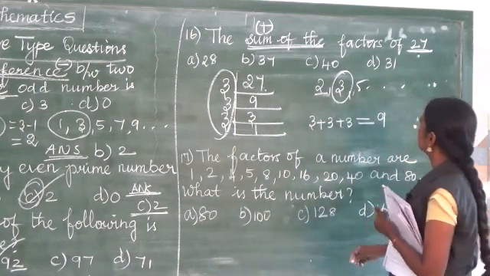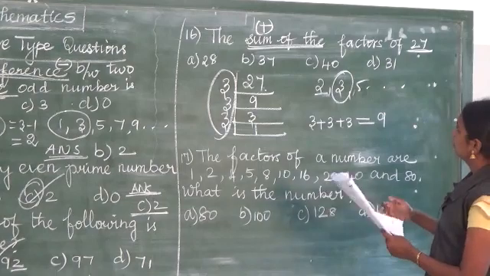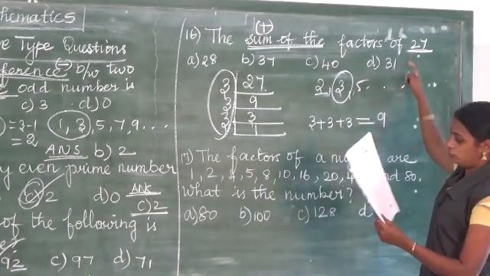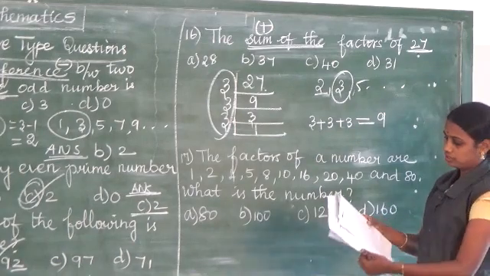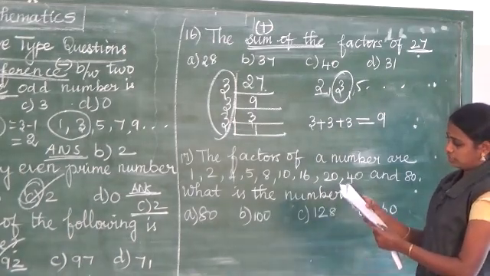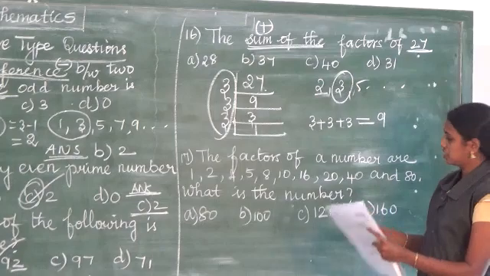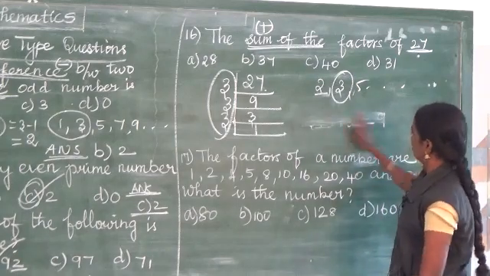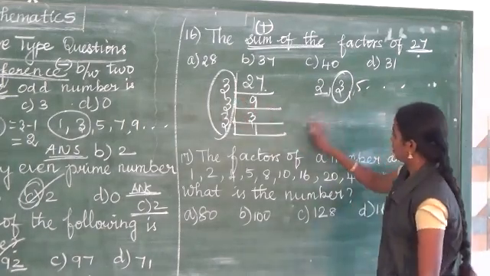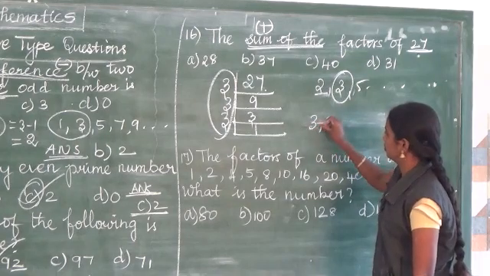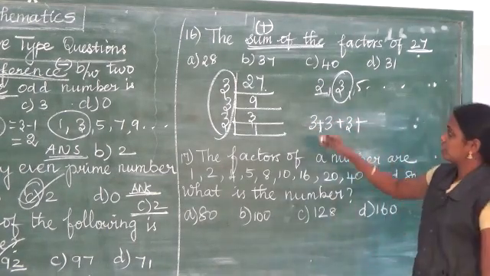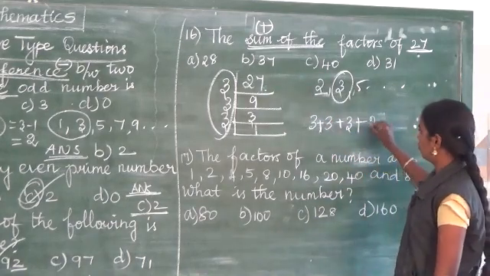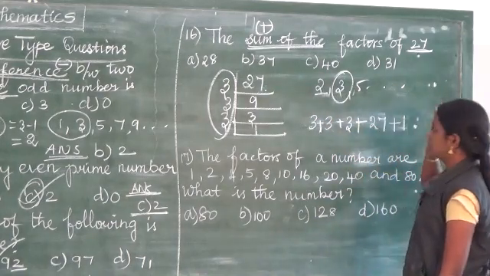So the answer is... here, the sum of the factors of 27, once again. Let me check the question. The factors are 3, 3. Then we have 27 and 1 for every number, yes or no?